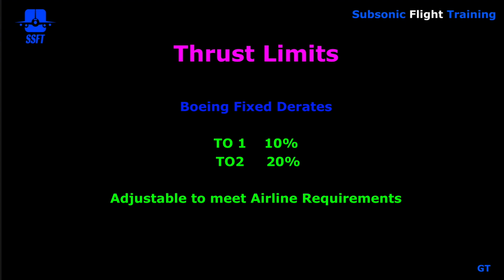This is adjustable to meet airline requirements, so it's customizable. Some airlines may not want 10 and 20%. They may want 8 and 18% or something different. So this is fully customizable based on an airline's requirements and the charting that they're going to use.